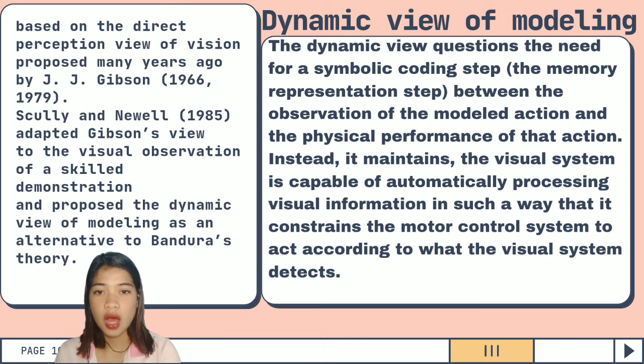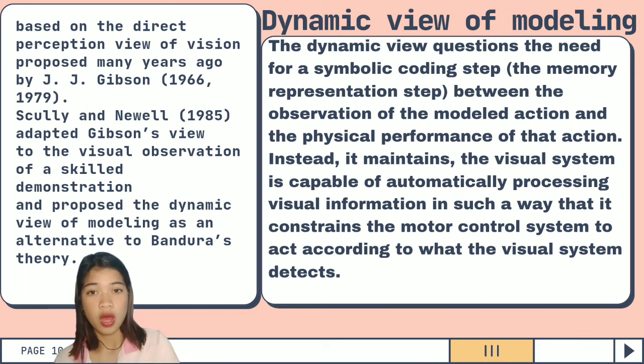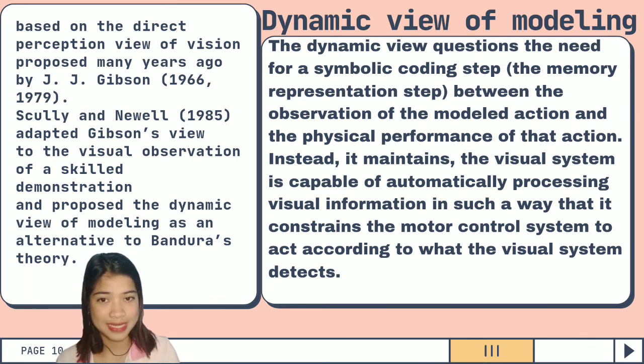Scully and Newell, 1985, adapted Gibson's view to the visual observation of a skill demonstration and proposed the dynamic view of modeling as an alternative to Bandura's theory.